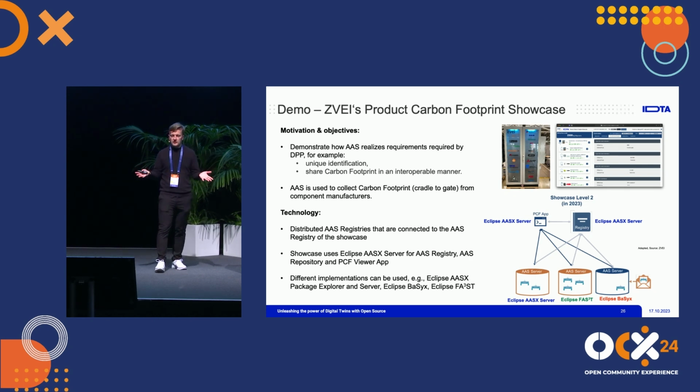And of course, when we talk about standardization, these open source projects have to work with that as well. In this specific case, I'm bringing the ZVEI, the Association for the Electrical Industry, which brought their product carbon footprint showcase. Here, as shown, we have a control cabinet based on several components from different companies. And of course, when you want to share, for example, DPP data, and in this specific context it would be the carbon footprint data, it must be interoperable. And we use the AES for that.